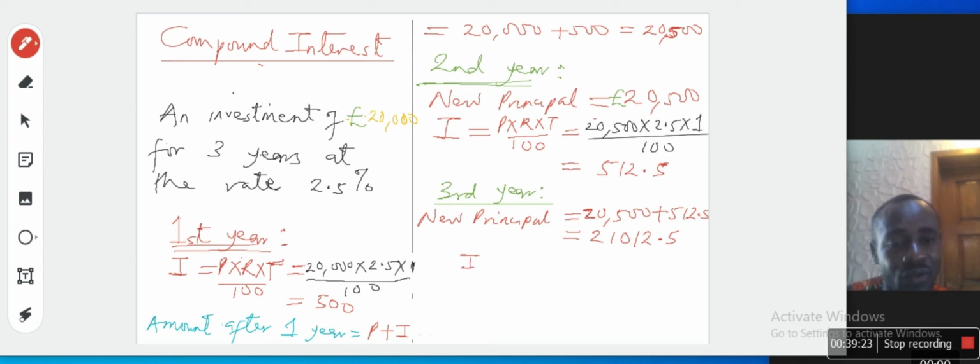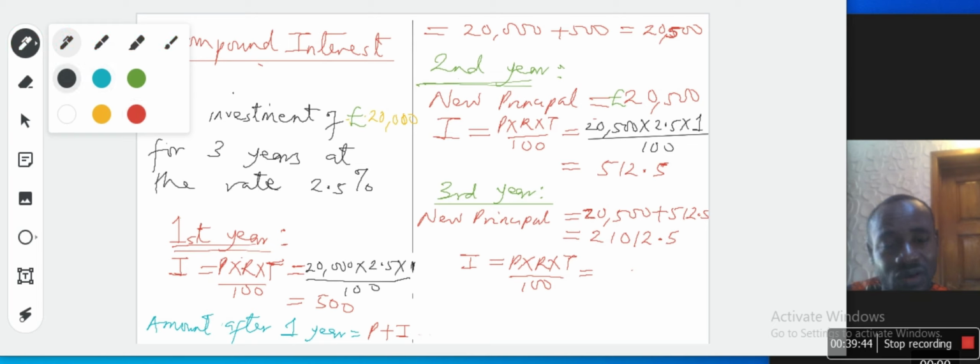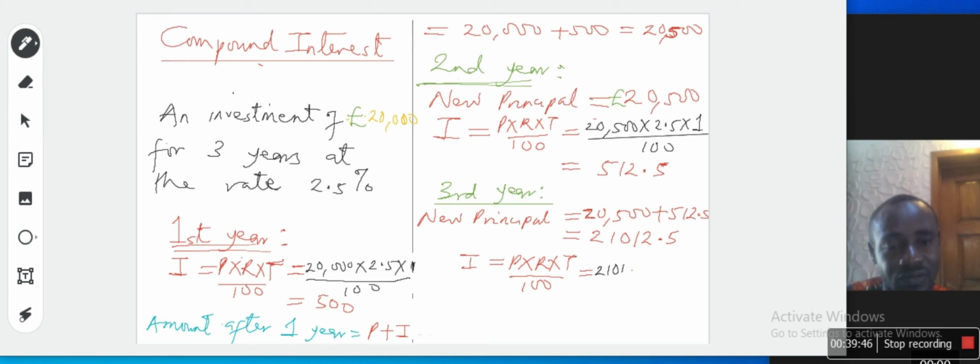I will run through a summary for this. The interest will be principal times rate times time, over 100. So what was that? 21,012.5 times, you are going to engage your calculator seriously, 1 times the rate, which is 2.5, over 100.